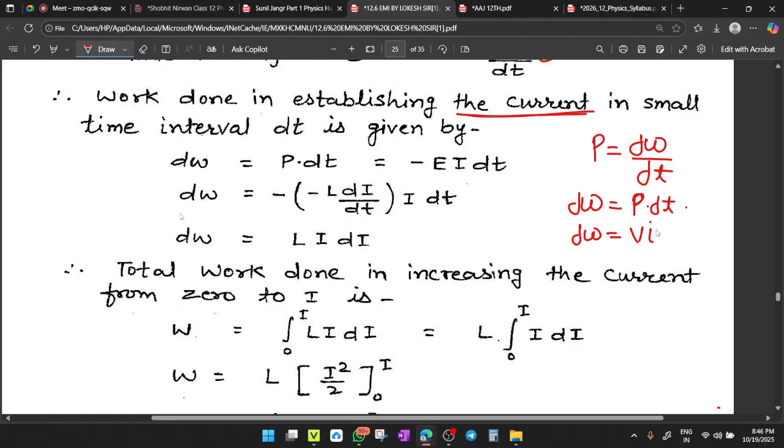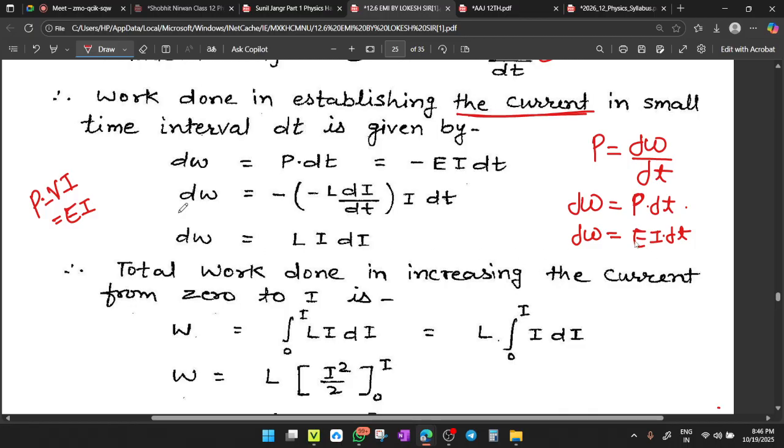This is the instantaneous power, the formula from class 10th: P equals VI. So in the place of V, the working component here is the EMF E, and the current is I. So dW equals E I dt. This is the small work.